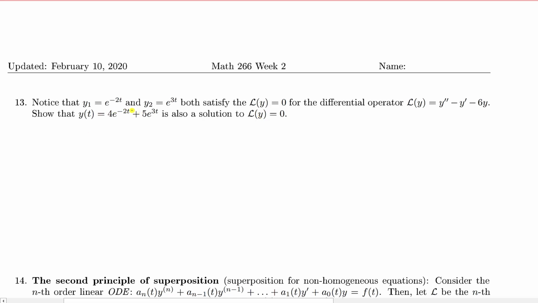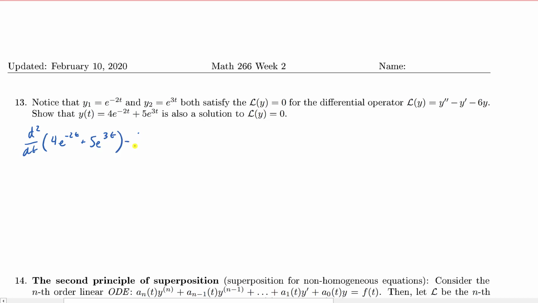So let's look at y of t and show that it solves this homogeneous equation. If we take y of t and plug it in, we would take the second derivative of our y of t, which is 4e to the minus 2t plus 5e to the 3t.